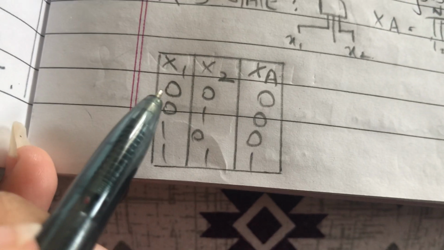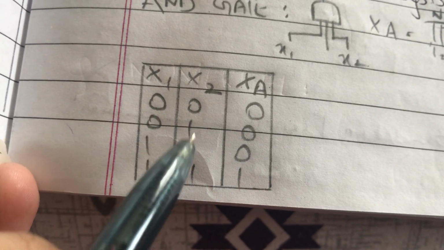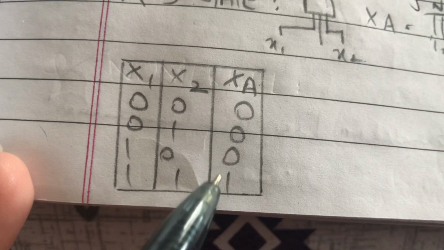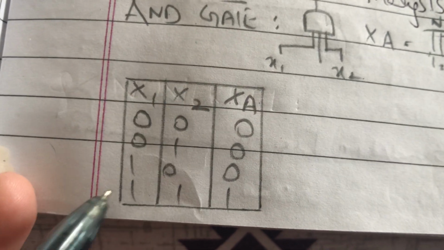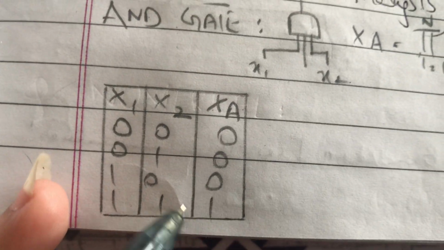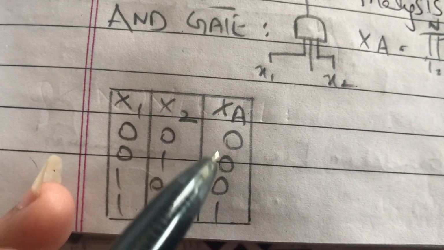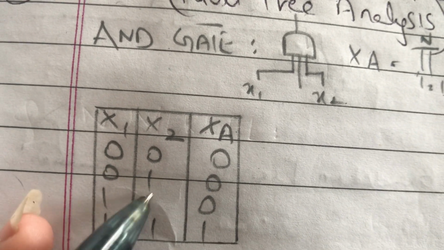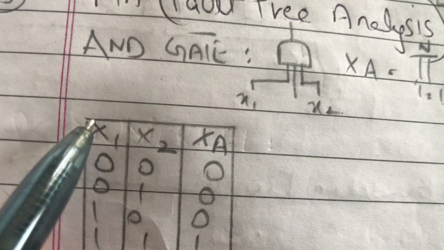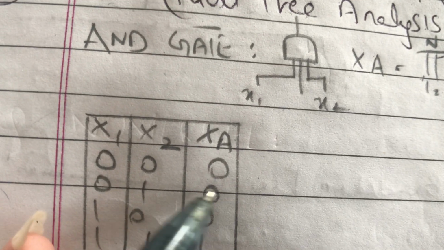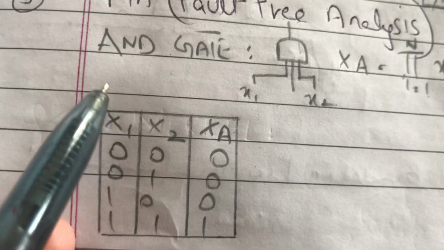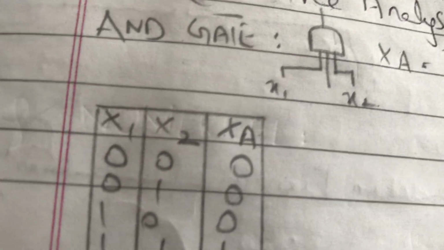For AND gate we have only 1 into 1. When both x1 and x2 are 1s, only then we have a high output. And when there is a single 0 in our inputs, we have a low output. So this is the property of AND gate.